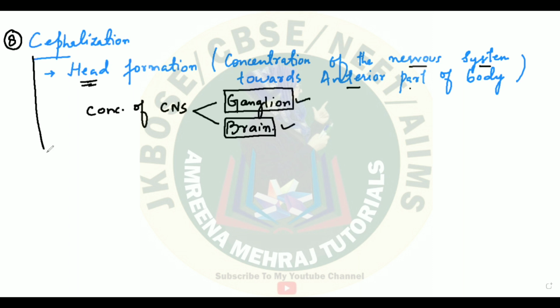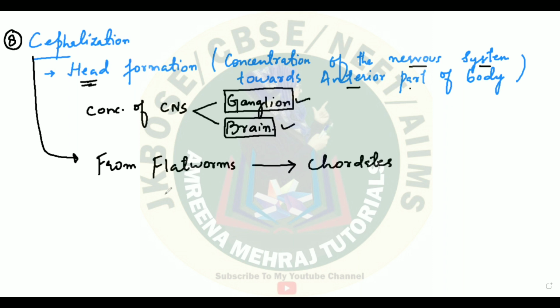We will generally see that cephalization starts from flatworms, the lower forms of cephalization, and goes up to chordates, the higher level.